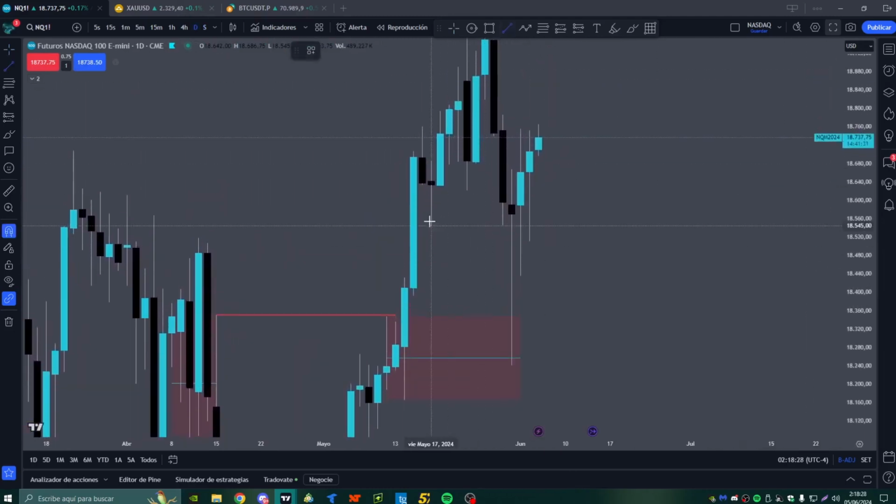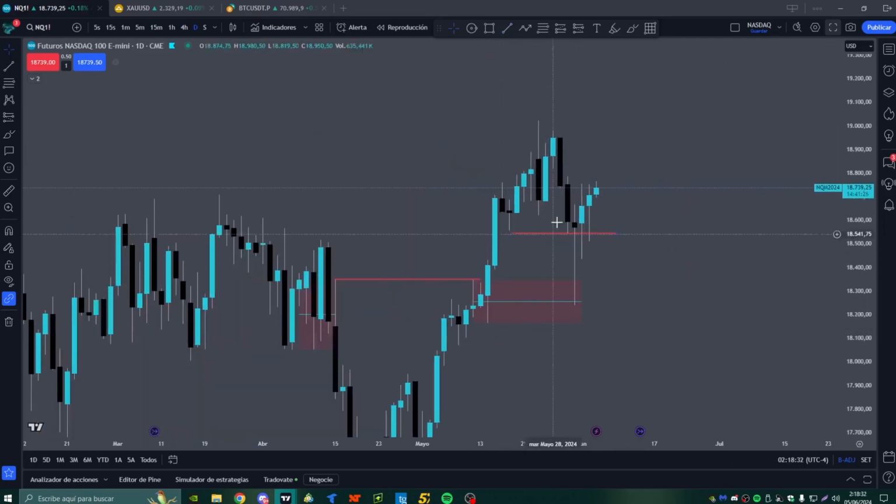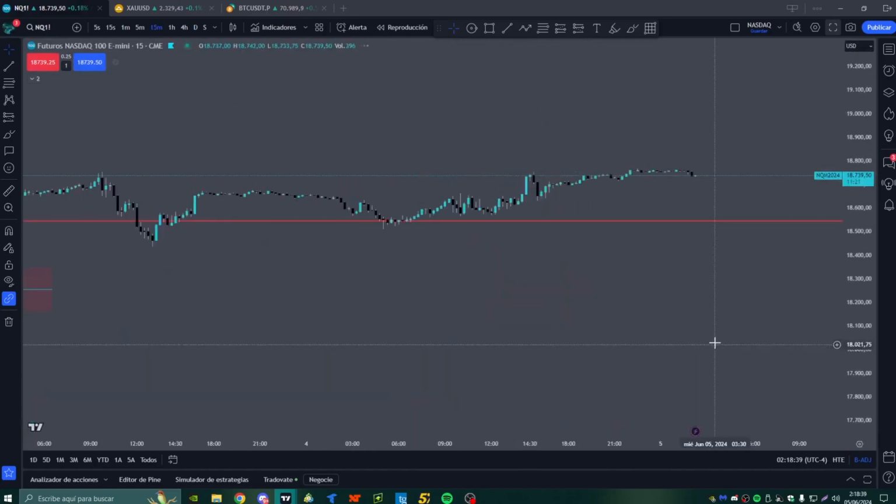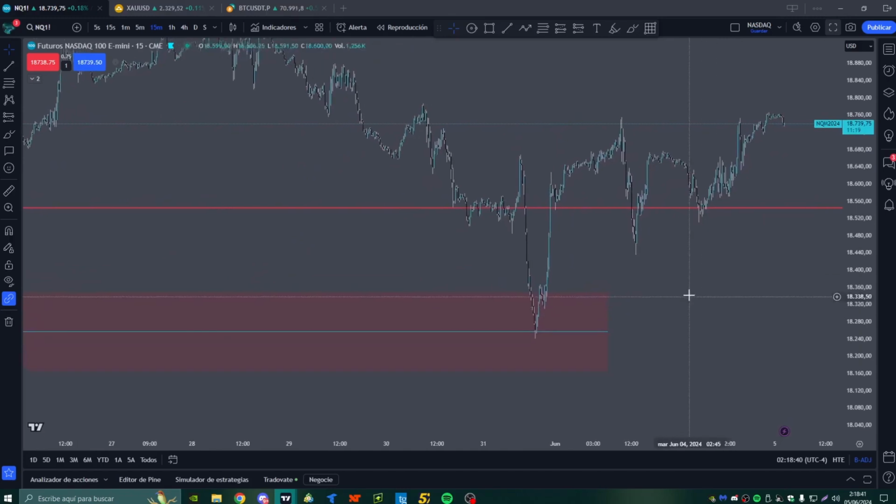It even went within a previous low, so everything already looked quite bullish with that certain move, and with that reaction from there.